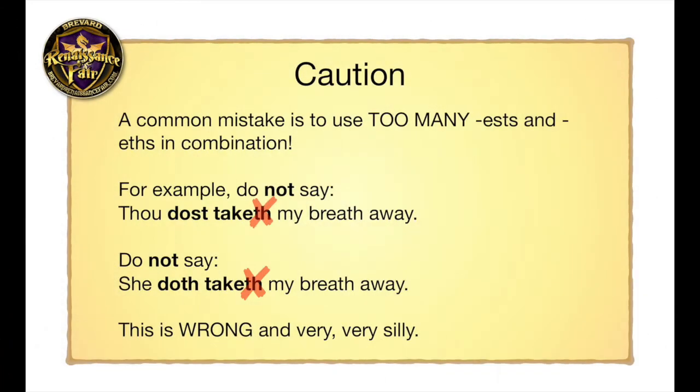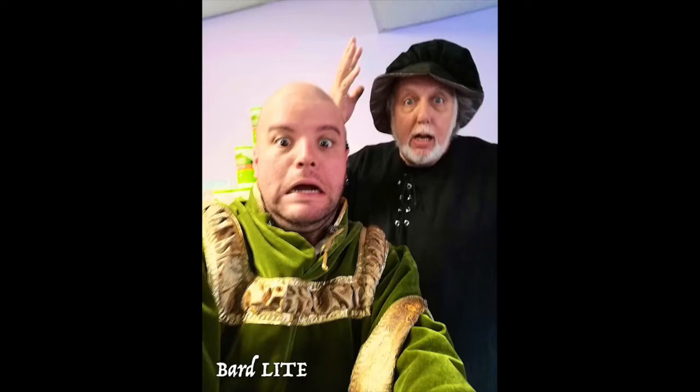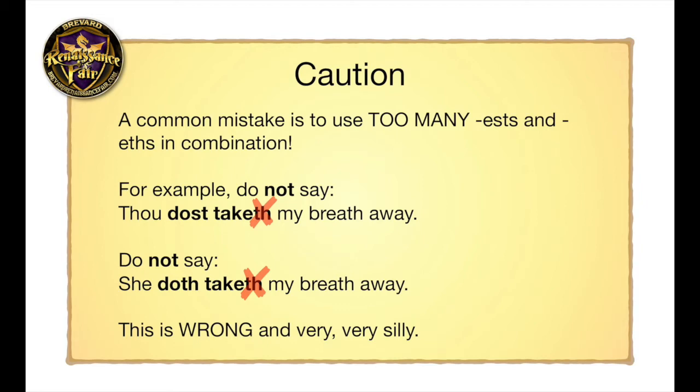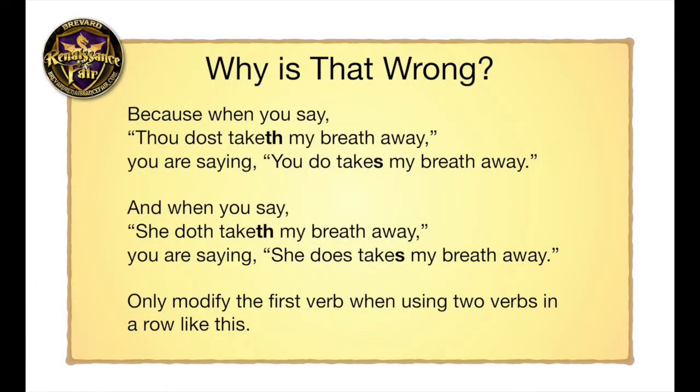A very common mistake is to use too many ests and eths in combination. For example, do not say, thou dost taketh my breath away. Do not say, she doth taketh my breath away. This is wrong and very, very silly. Why is that wrong?